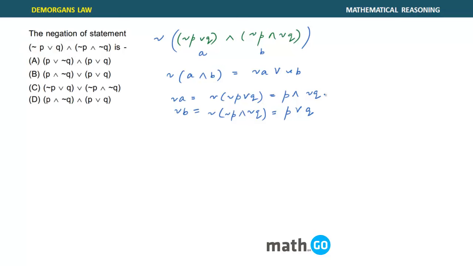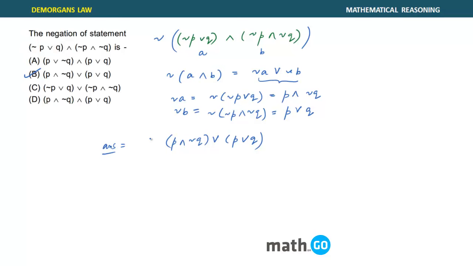Now just put the values over here. So your answer should be P intersection negation Q union, or you can say or, P or Q. This is the answer we were looking for. This is clearly evident in our B option.